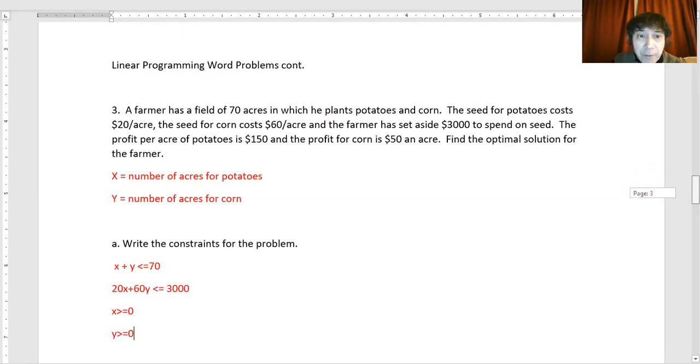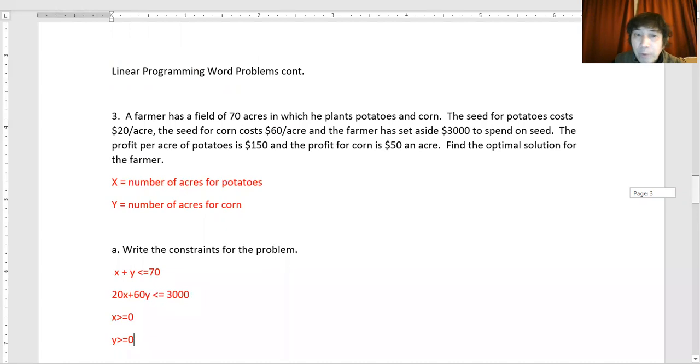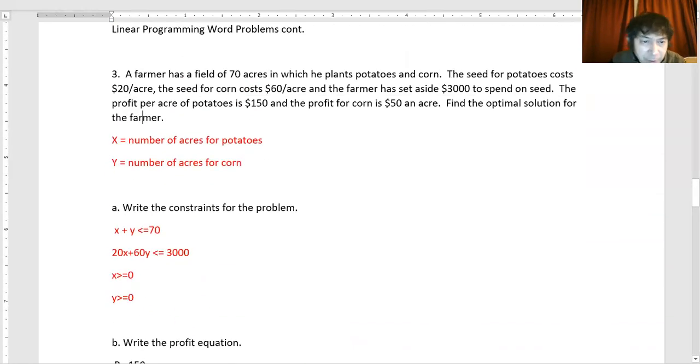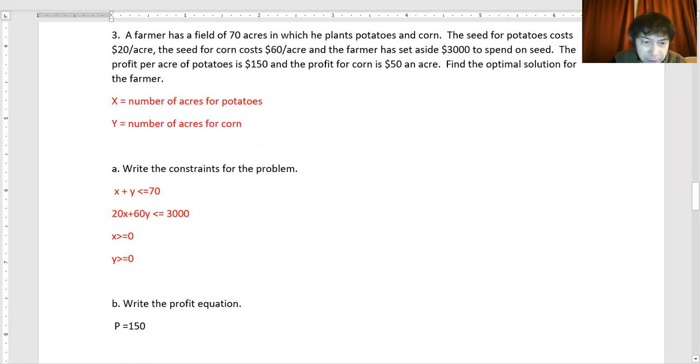The profit for potatoes and corn. So 150 per acre for potatoes and 50 per acre for corn. We will have here profit is equal to 150 for the potato first, so 150 times x, and then we have 50 times y, the profit per acre.